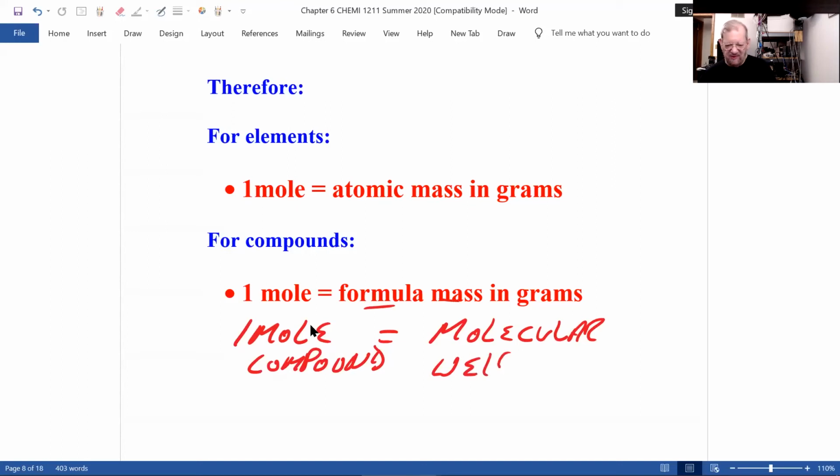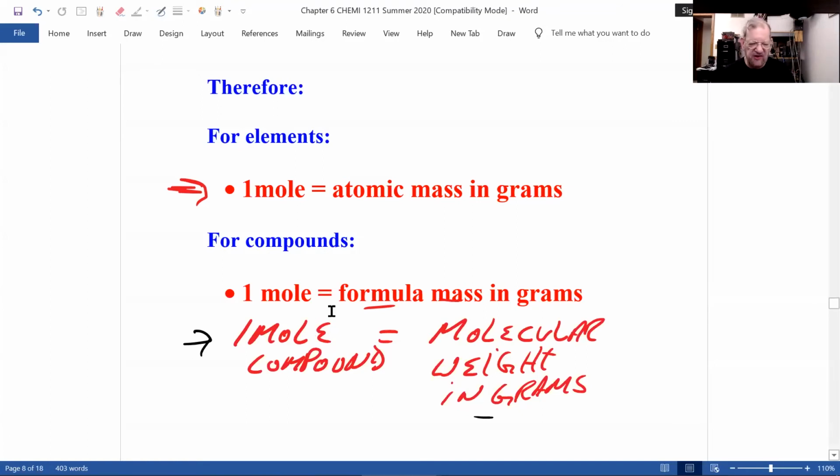I like molecular weight myself, and that's what I'll use, in grams. So 1 mole of an element equals its atomic weight in grams. 1 mole of a compound equals its molecular weight in grams. And you learned earlier, the molecular weight was the sum of all atomic weights. These will be given to you in test number 2, but you've got to know how to use it.